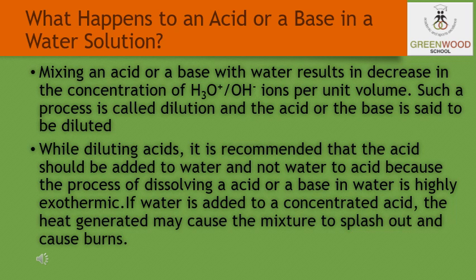That means the hydrogen ions of the acid and the hydroxide ions of the base decrease. Such a process is called dilution, and the acid or the base is said to be diluted.